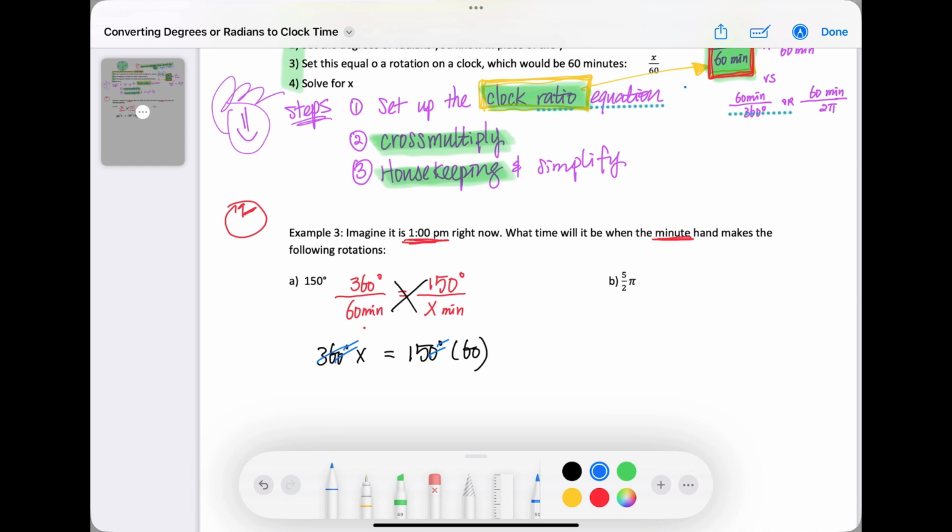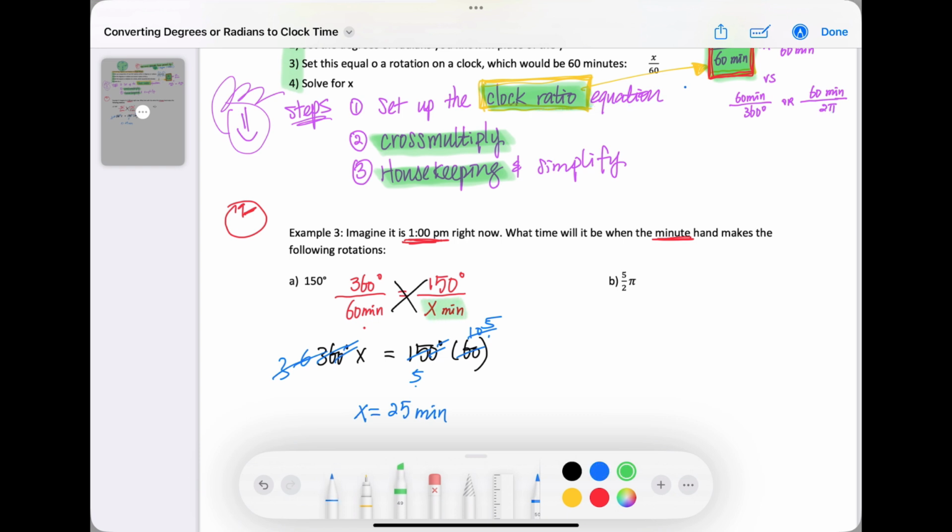Can I continue to simplify? 36 and 60 can both be divided by 6, so that will be 6 and 10. Can I continue to cancel out? That will be 3 and 5. And 3 and 15 can cancel out. I got 5. So x is equal to 5 times 5, which will be 25 minutes.